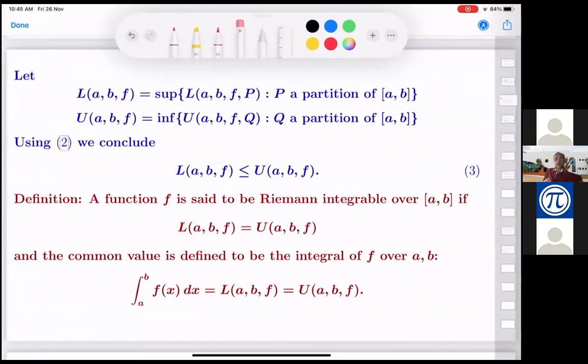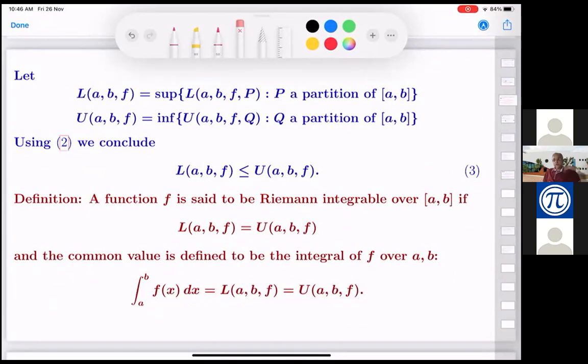Okay, so lower is always less than or equal to upper, and the function is Riemann integrable. Definition. The function is Riemann integrable over this interval if the lower bound is equal to the upper bound. And the reason for putting in AB is that the function f could be even defined on a larger interval.